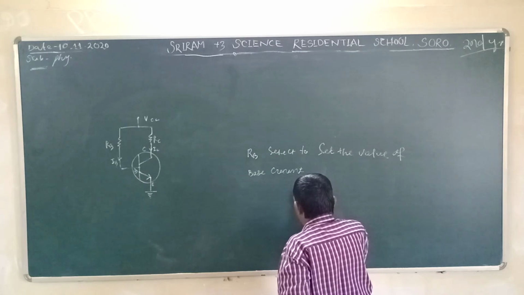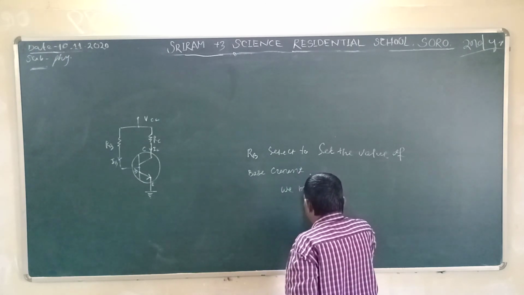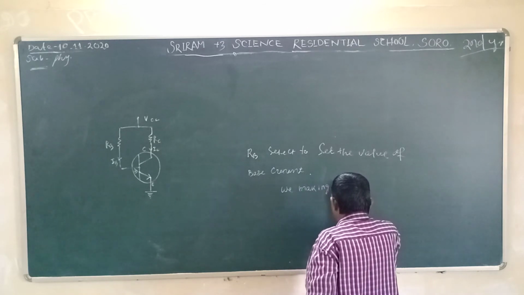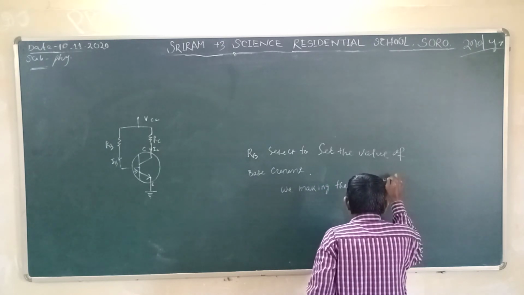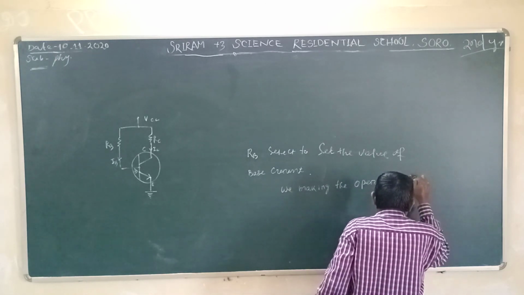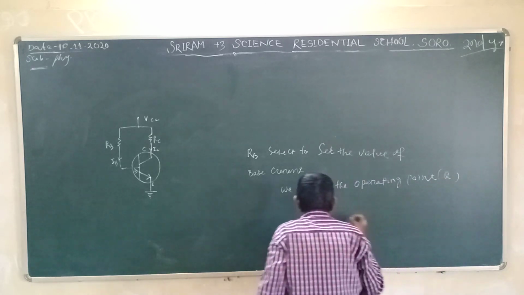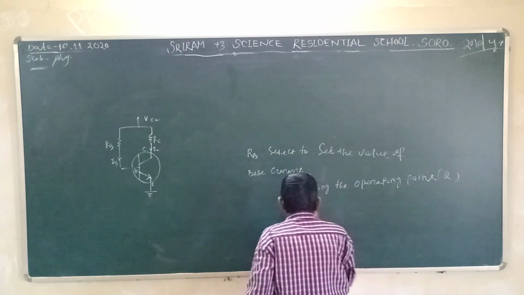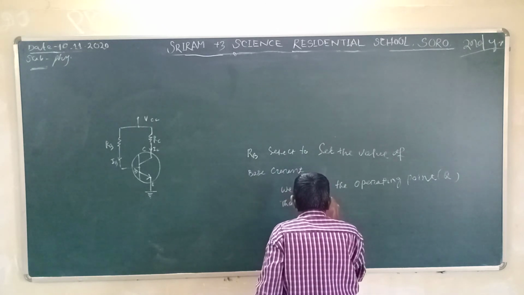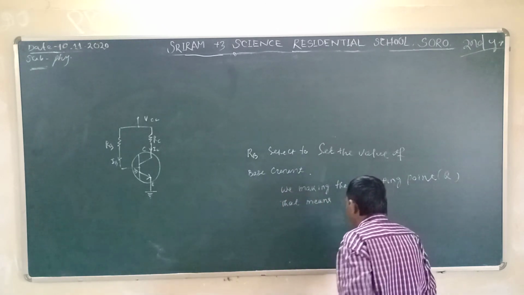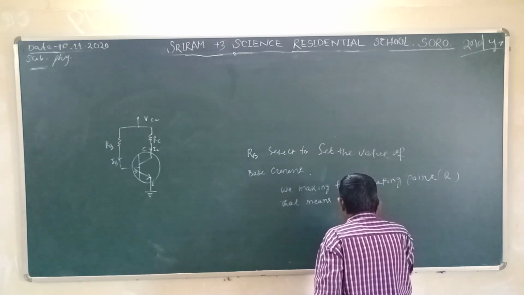Now when we make the operating point, that is the Q operating point, that means the DC load line.